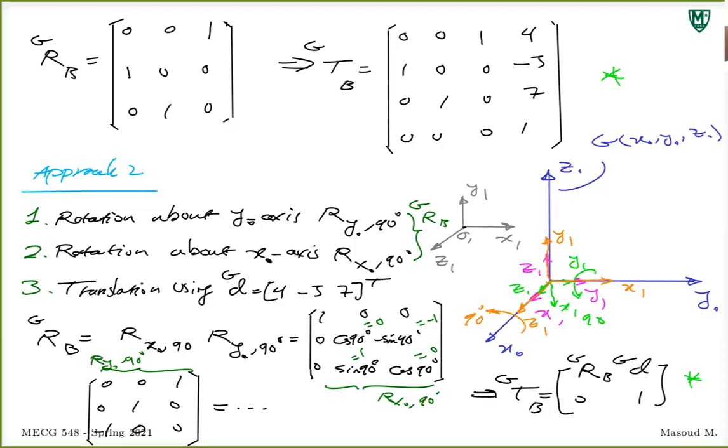Right? But later on, when we start talking about robotic arms after the midterm, after the exam, you will see that we come up with the general approach, how to go from one frame to another frame in a robotic arm, which is like a unique way of doing it, because we're going to define coordinate frames and do these transformations. So there is no confusion that, oh, which approach I have to take.